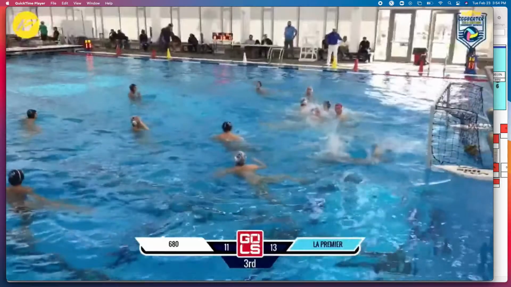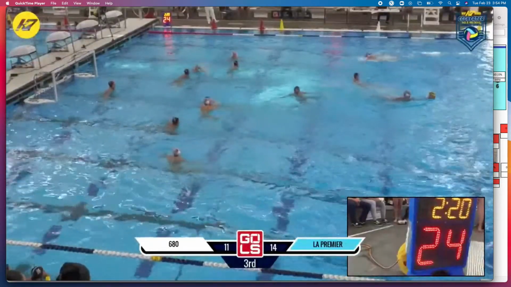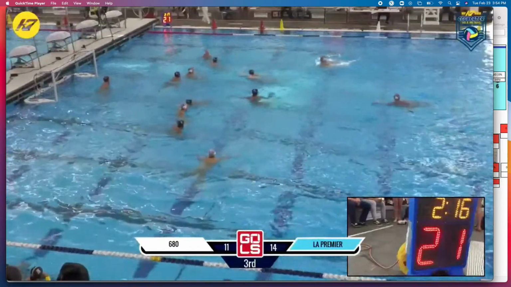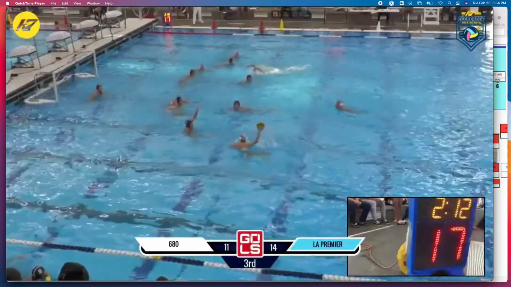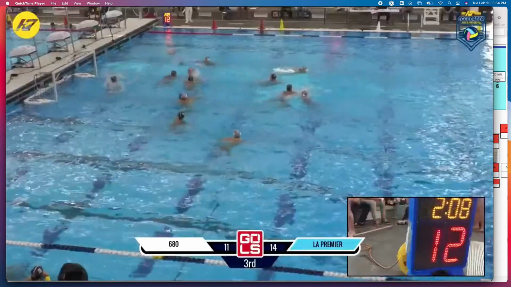Inside. Puts it away. That ball forward. Ordinary foul. Number 3, Wyatt Mundelius. Back to Mundelius. Number 9, Ryland Flagg. In and off the goalie.